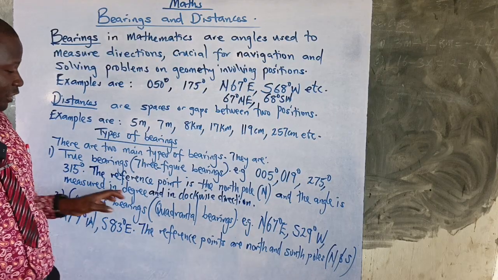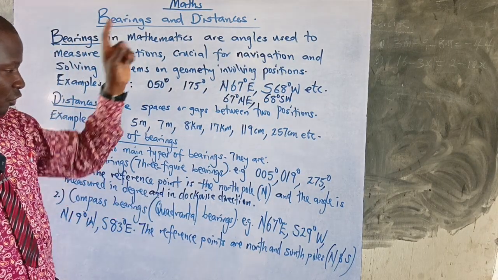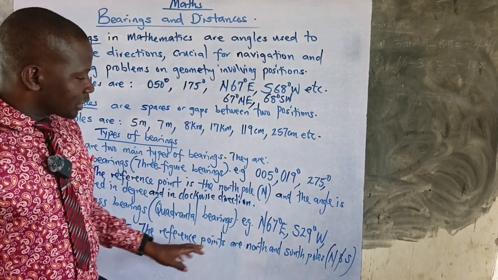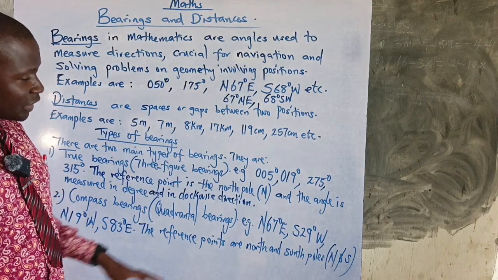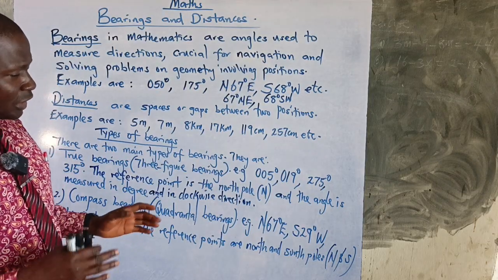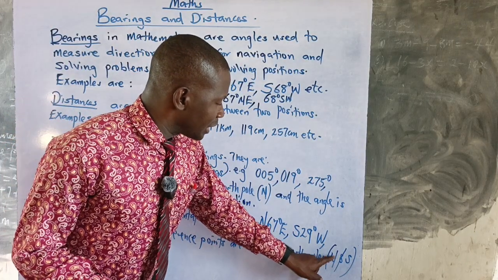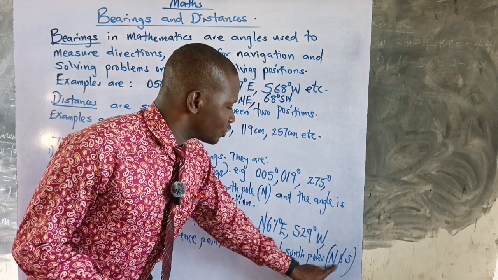So the reference points here: in true bearing we have only north as the reference point, but here there are two reference points. That is, it can be from the north and can also be from the south. It depends on the pole or the cardinal point that you are using with these two poles.